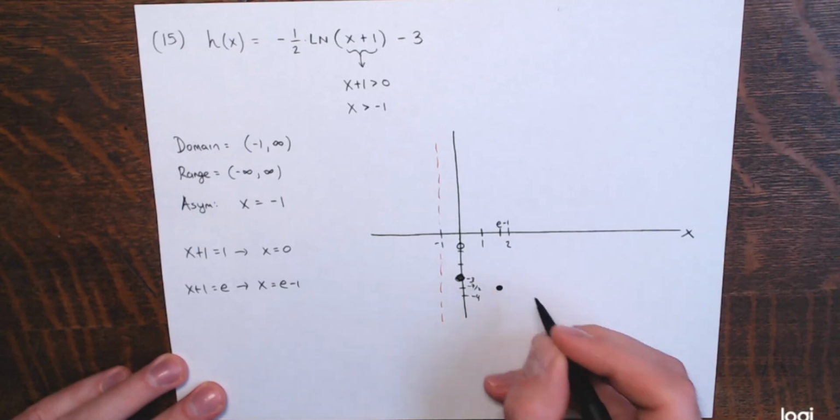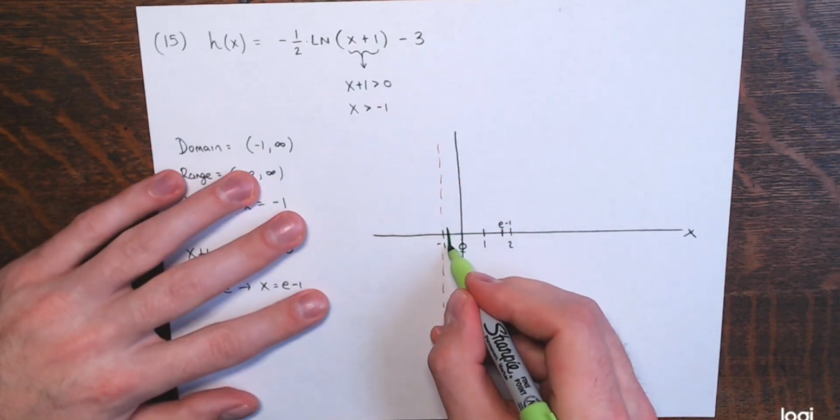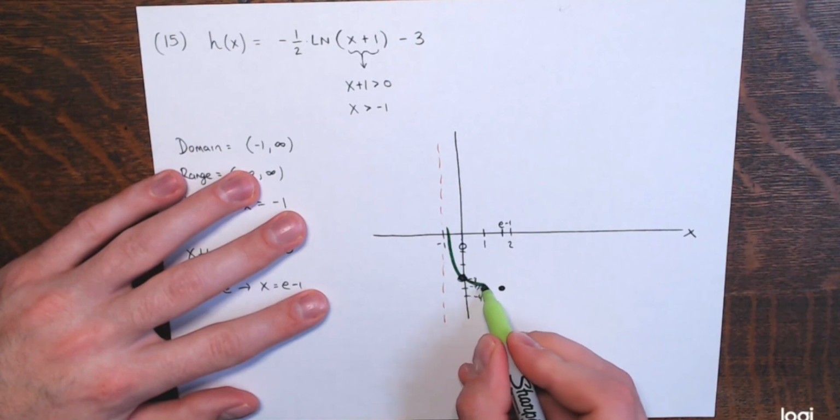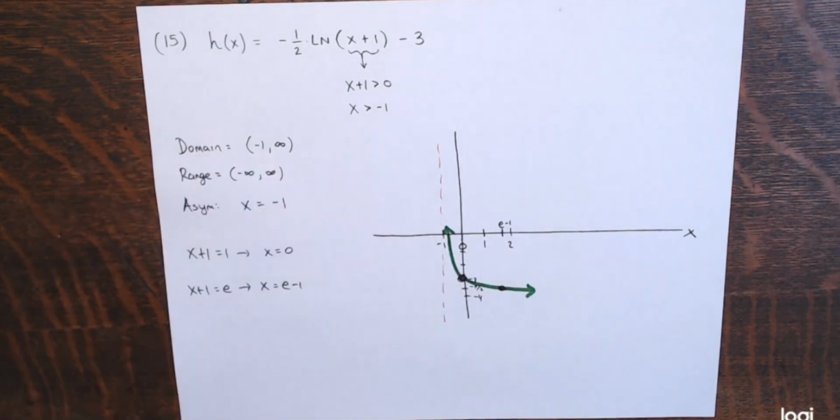And so it looks like a decreasing function, with this asymptote at x equals -1, going through these points. And there's a rough sketch of the graph of that. And that's it. I mean, that's a lot of examples, but I did the same thing every time. What's the domain? What's the range?